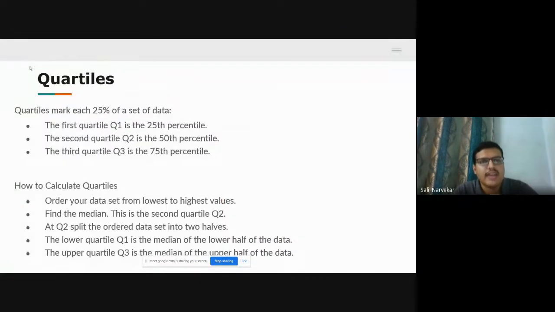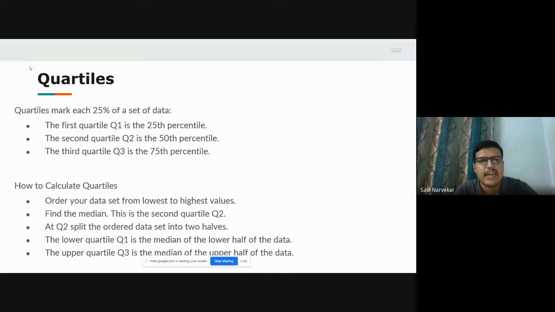Now, what are quartiles? Quartiles mark each 25% of a set of data. The first quartile is the 25th percentile, the second quartile is the 50th percentile, and the third quartile is the 75th percentile. This is the method to calculate the quartiles. First you arrange the data from lowest to highest. Then you find the median.